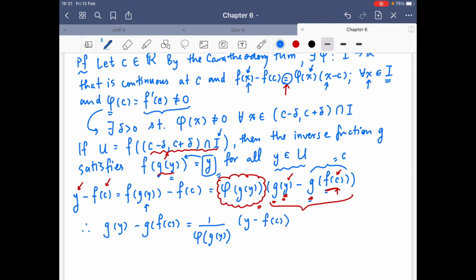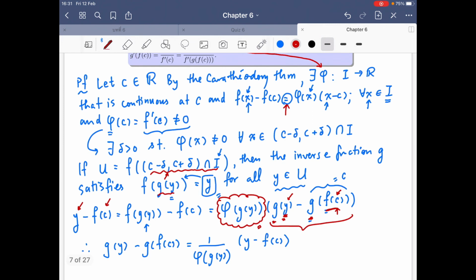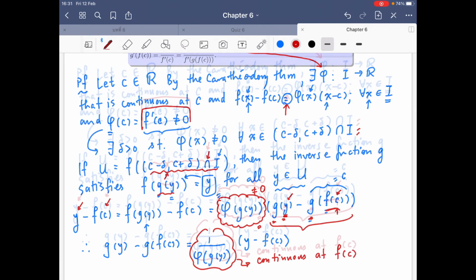And this one we can do the division, because don't forget that this phi is not going to be 0 in this neighborhood, and your g(y) is really in this neighborhood, so this one is not going to be 0. So this particular function is actually continuous at your point f(c).